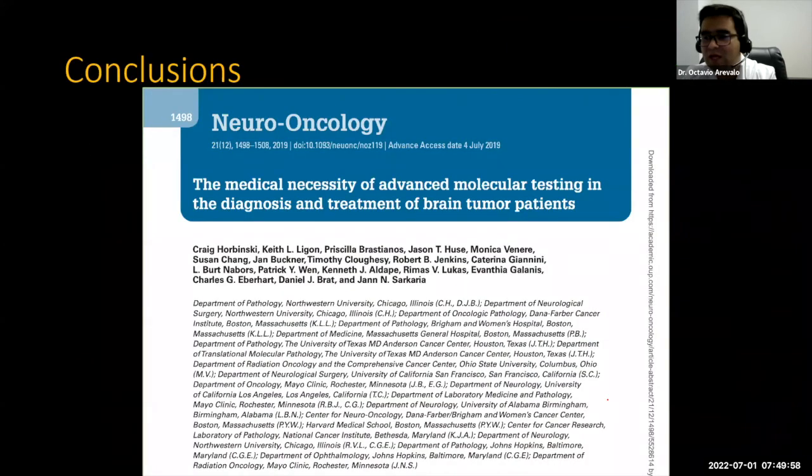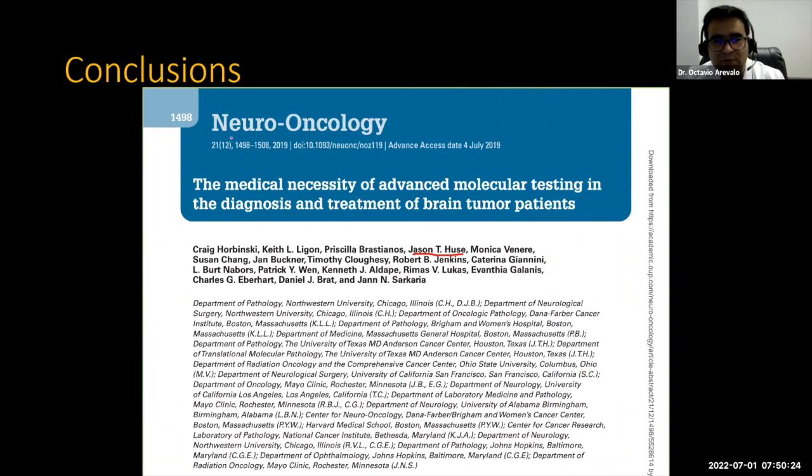So you may say, hey guys, do we really need this? All these patients will end up in surgery and chemoradiation, etc. So this is a great paper by a big group, including Dr. Jason Hughes, one of the brilliant neuropathologists at MD Anderson where I trained.